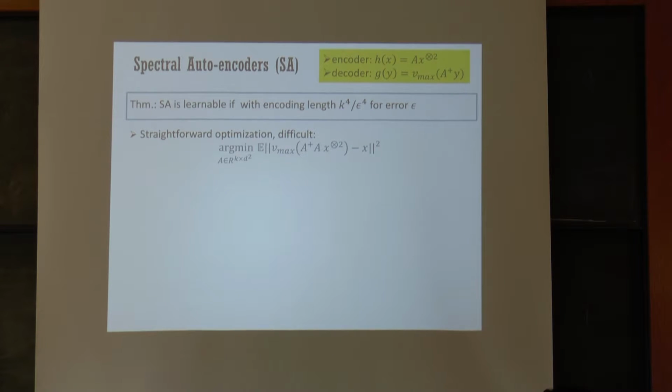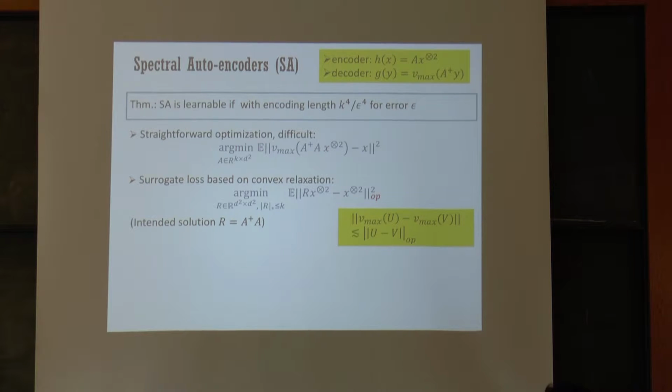So what we are going to do is take a convex relaxation. We replace A pseudo inverse times A by a matrix R, and R has to be low rank. We cannot really say R is low rank, so we say R has nuclear norm less than k, the Schatten 1 norm.